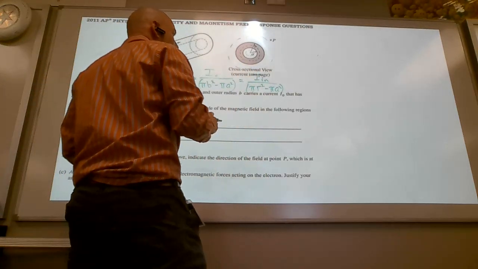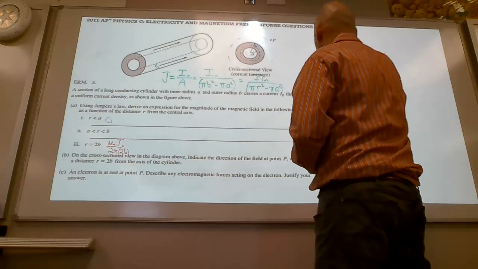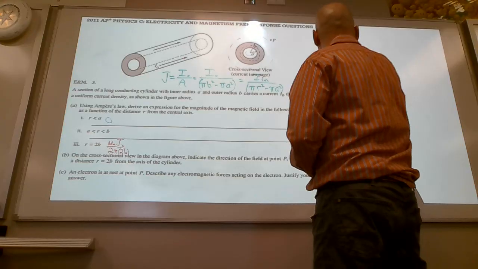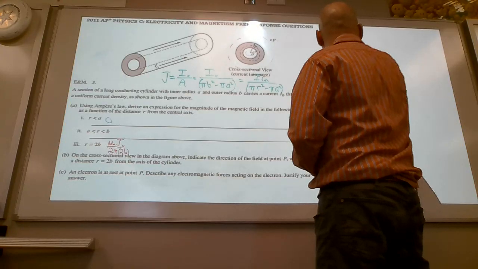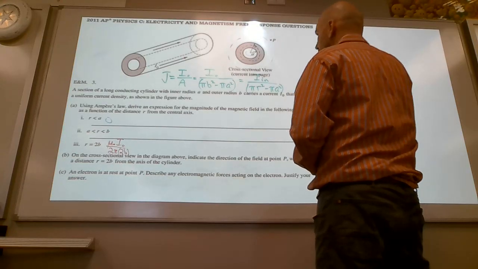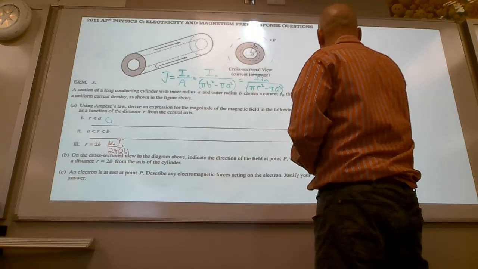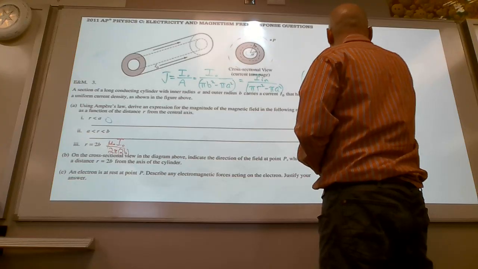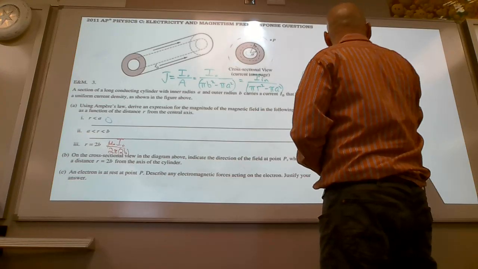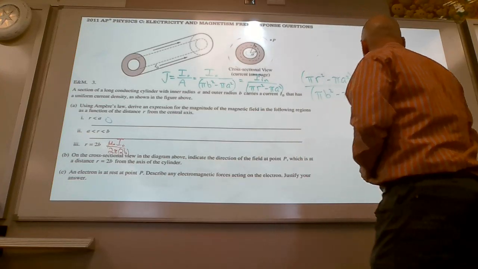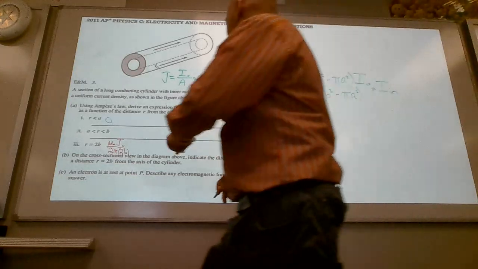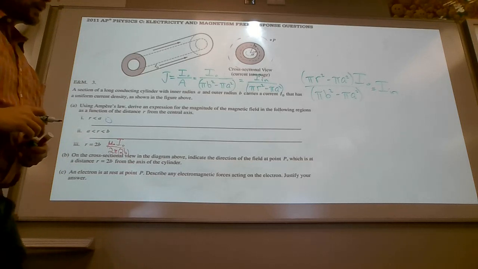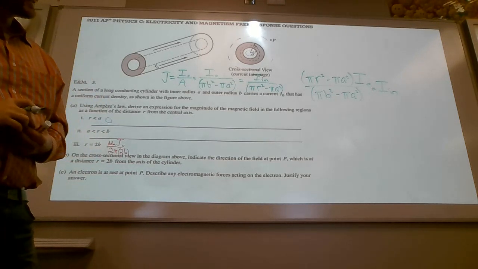And so my enclosed current is going to be pi r squared minus pi a squared times I naught over pi b squared minus pi a squared. You could get rid of the pi's.